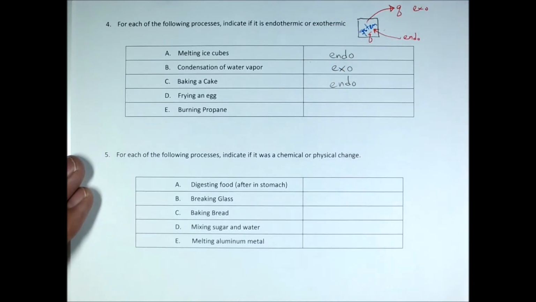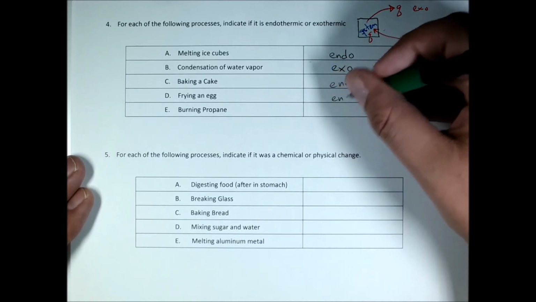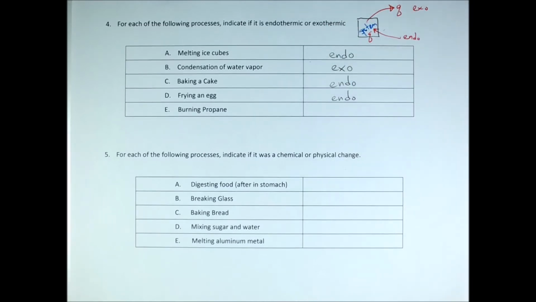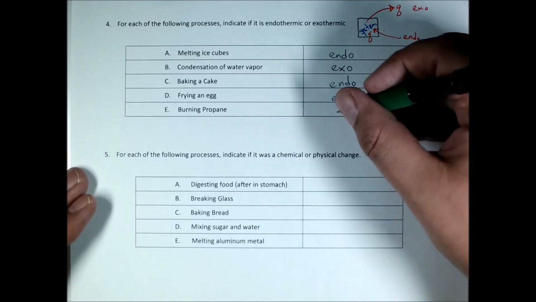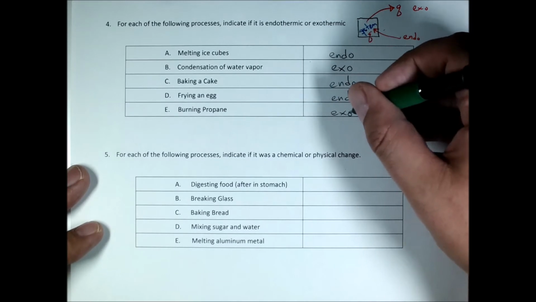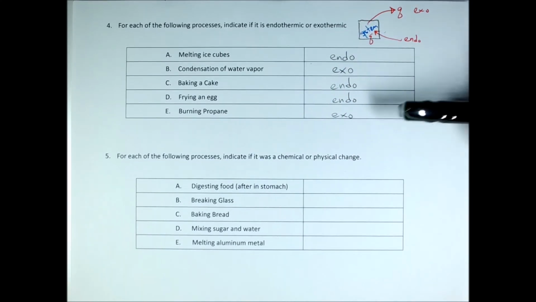Frying an egg, endo. And then burning propane, exo. So you can think of these two things being related, cooking at home. So one, you're going to be burning some fuel to give off heat to go into whatever food you're cooking.